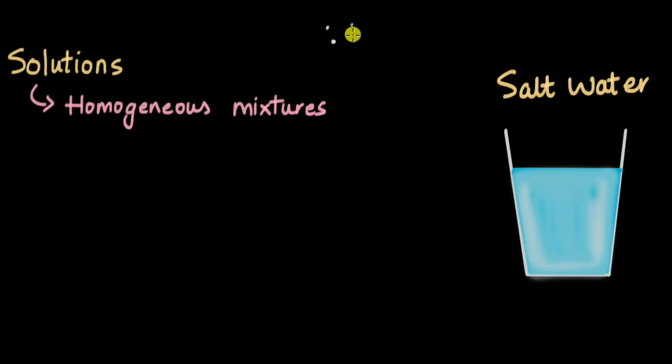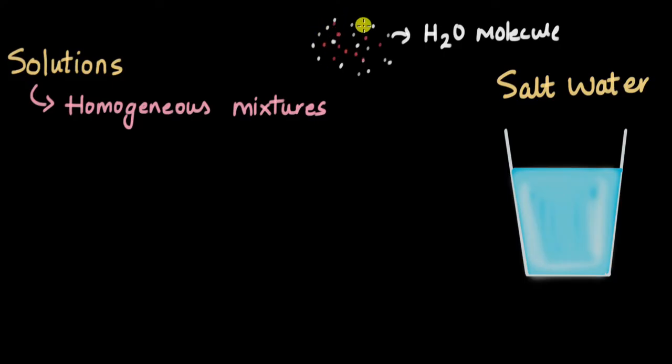So let's say there are these water molecules or ions. Each dot represents a water molecule, right? H2O molecule. So when we say that salt is dissolved in water, it means that each individual particle or ion of a salt is spread out uniformly across the body of the water.